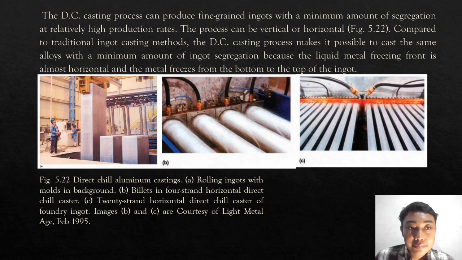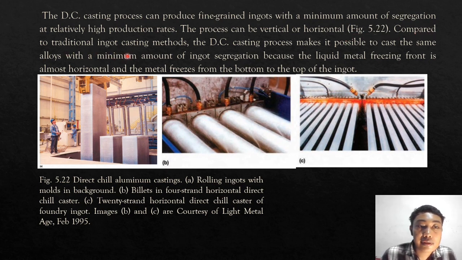The DC casting process can produce fine-grained ingot with minimal segregation at a high production rate. The process can be vertical or horizontal, like Figure 5.22.